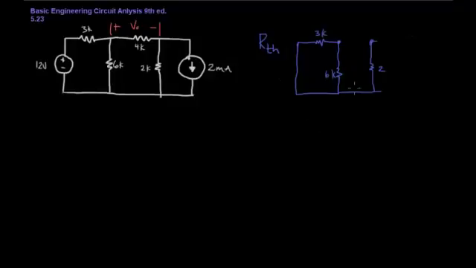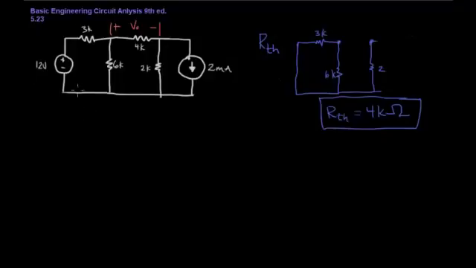Well, a 3K and a 6K in parallel ends up being a 2K resistor, and then a 2K plus a 2K is 4. So R Thevenin equals 4K ohms. Okay, so our first part is done.